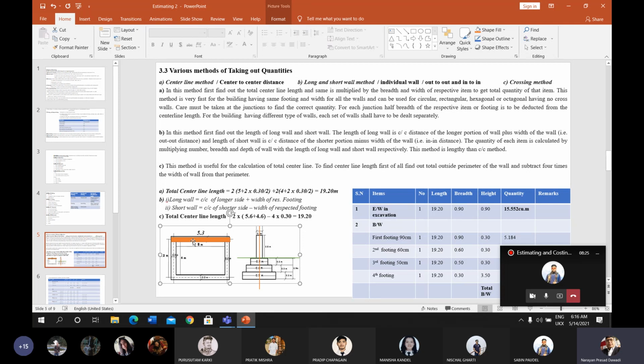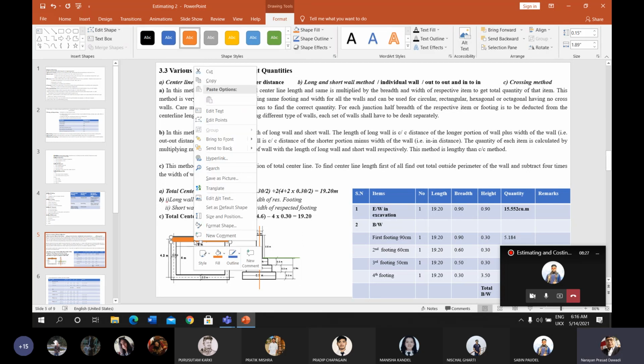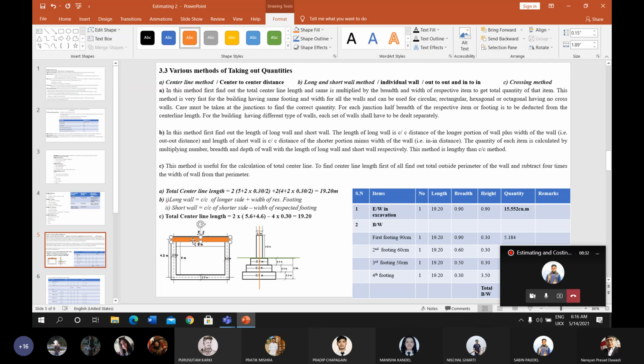Two long walls. This is one long wall, and another same type of long wall is here also. This is another long wall.